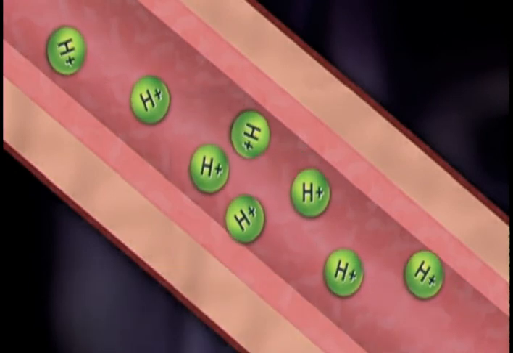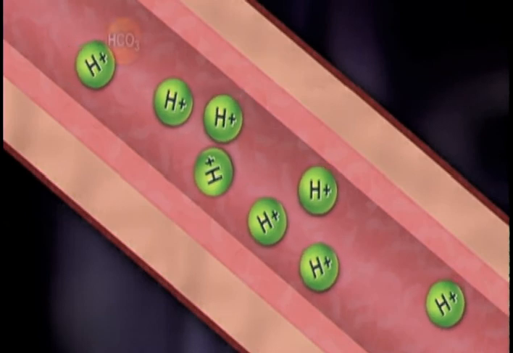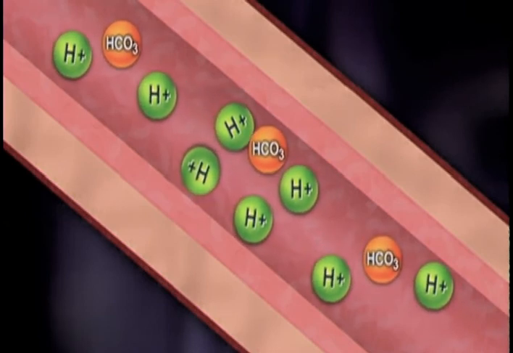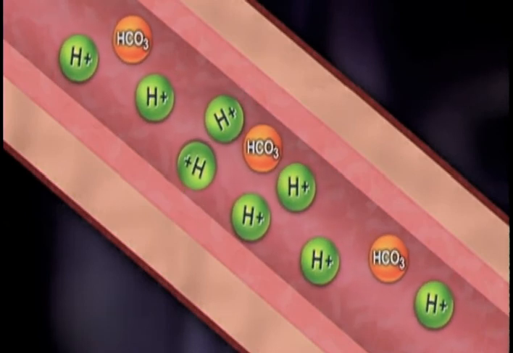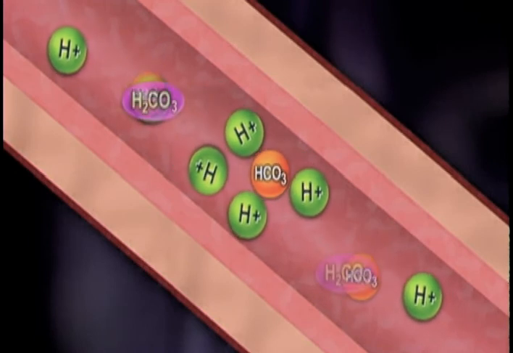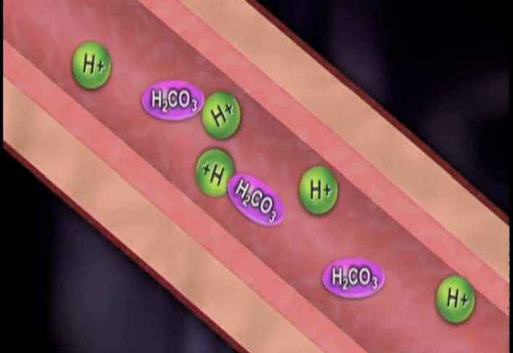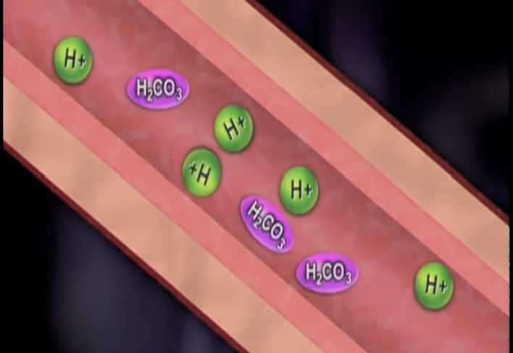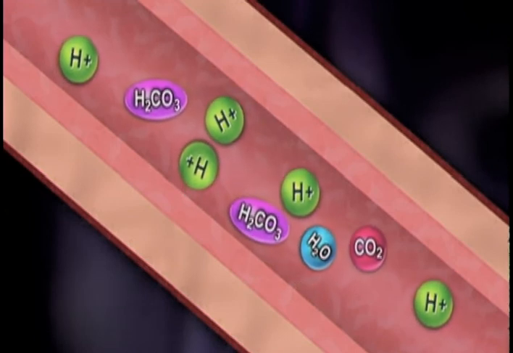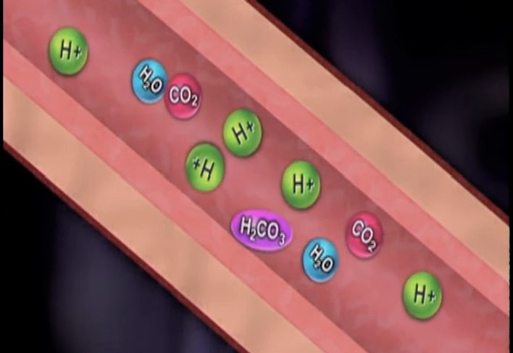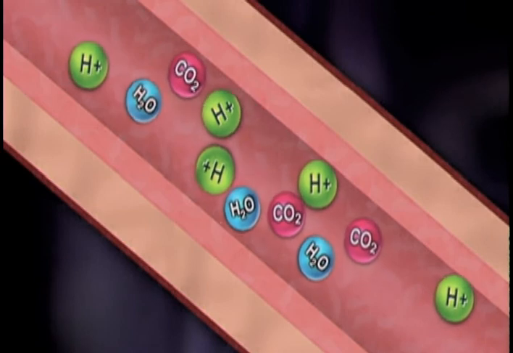At first, bicarbonate, or HCO3, maintains a normal pH by combining with the hydrogen to form carbonic acid, or H2CO3. Then carbonic acid breaks down into carbon dioxide, or CO2, and water, or H2O.